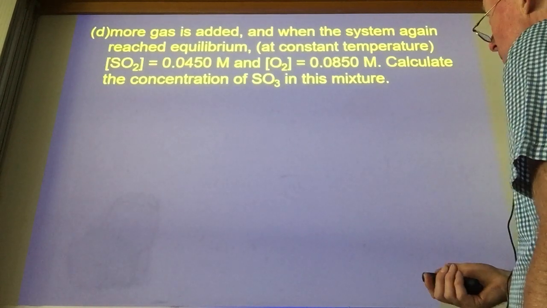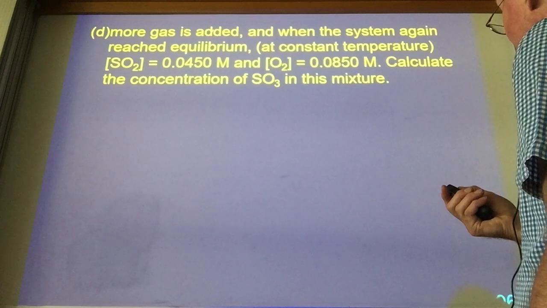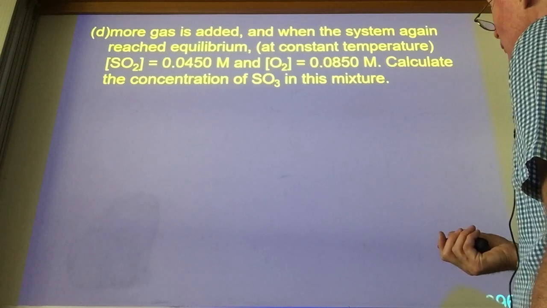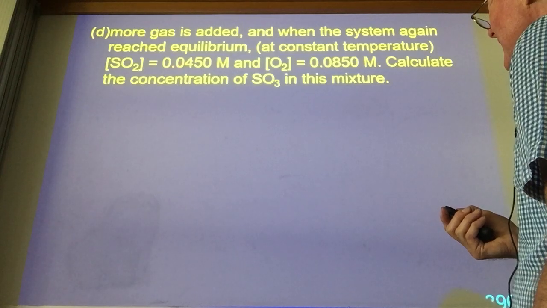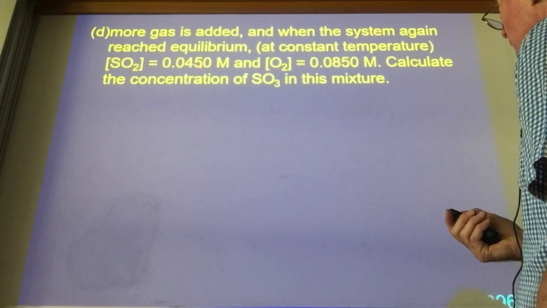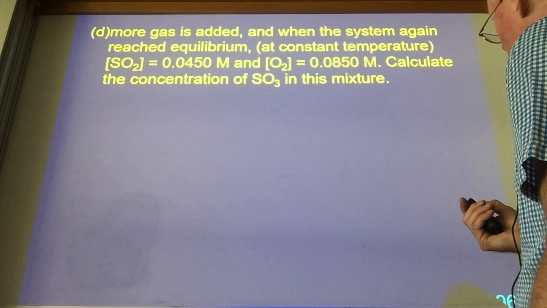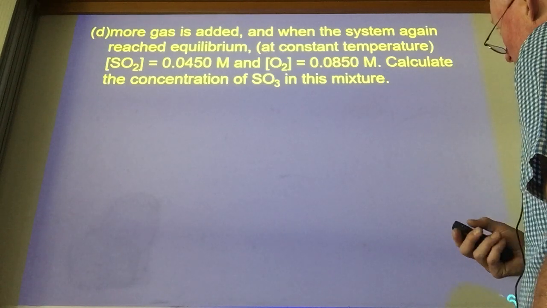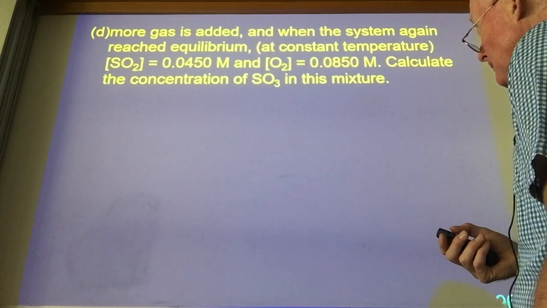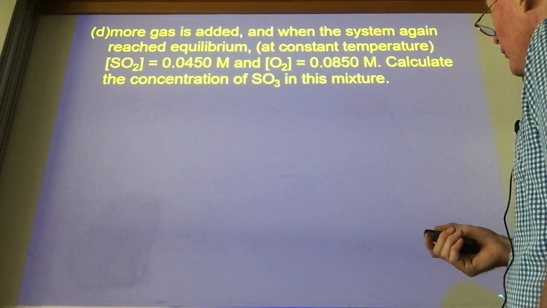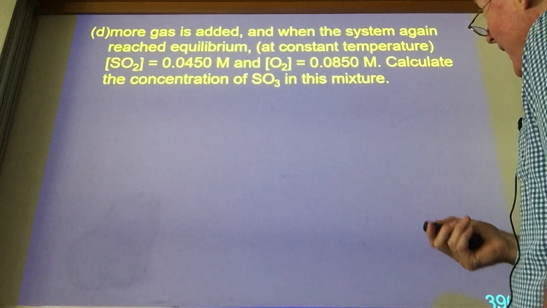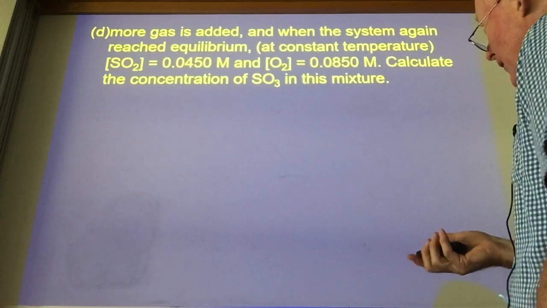Okay, so we've got our system at equilibrium and more gas is added. When the system reaches equilibrium again, we get a concentration of sulfur dioxide and a concentration of oxygen. What is the concentration of sulfur trioxide? Well, we already know the equilibrium constant, so we can substitute that and the two concentrations we know into the expression.